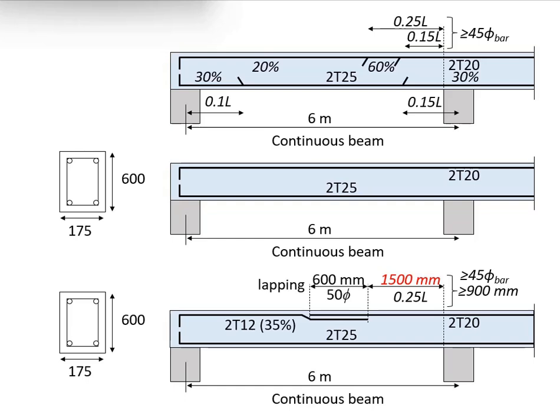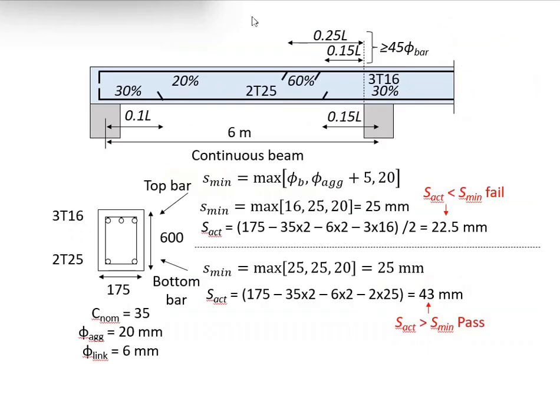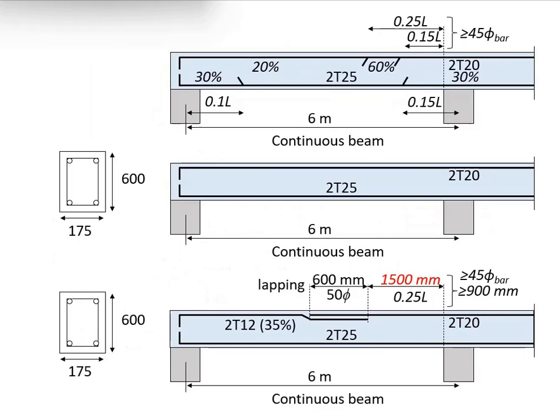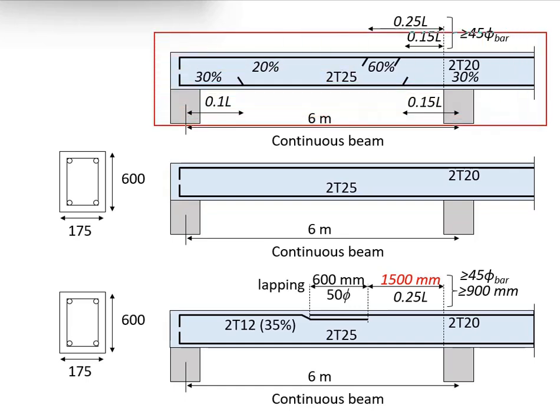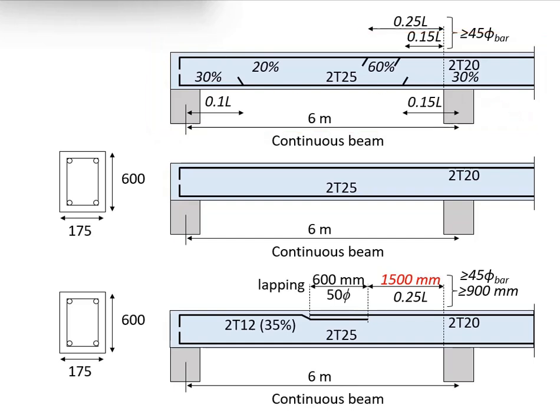As a wrap up for this example here, normally in the design of a reinforced beam, you do calculations, determine the amount of reinforcement bar, and then you propose the arrangement of the reinforcement bar, check the minimum spacing, make sure it passes, and then you do the curtailment. The final arrangement of the reinforcement bar may not follow strictly the simplified rules of curtailment, as these simplified rules give you the minimum amount of reinforcement bar area.